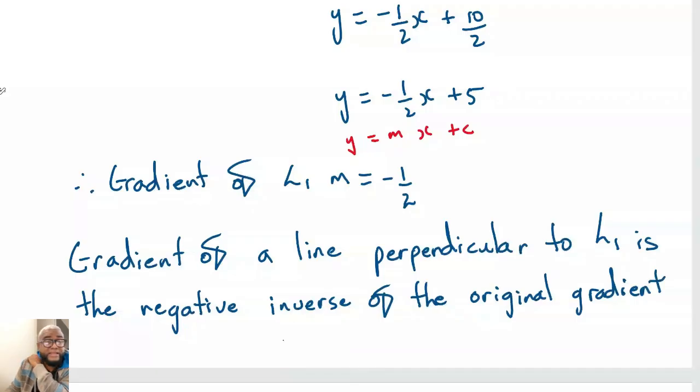What does this mean? It means that the gradient of L2, which is perpendicular to L1, which is also represented by M, right?